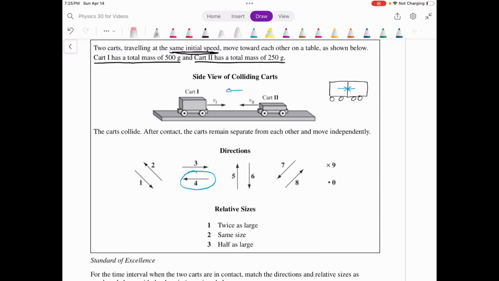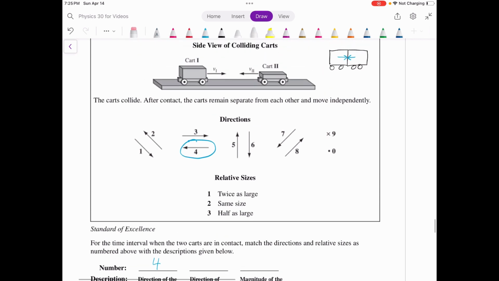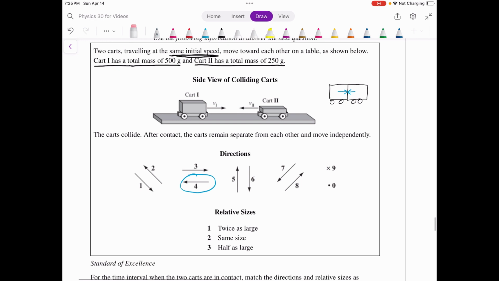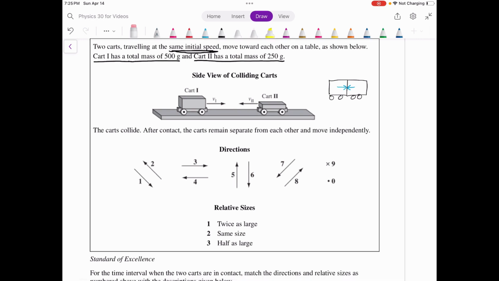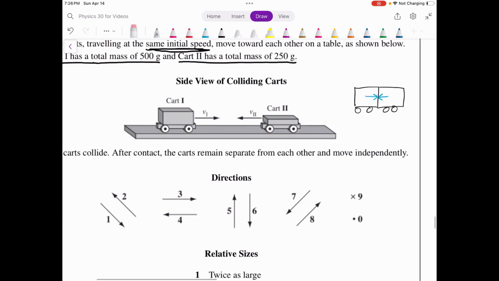So next it asks us for the impulse of cart 1. What direction is the impulse of cart 1? Well, a couple ways we can think about this, and they all are going to bring us to the same answer. Cart 2, we just said, is pushing cart 1 to the left. If you're pushed to the left, which way is your momentum going to change? To the left, right? Another way to think about it, cart 1 is coming in, moving to the right. We know cart 2 is going to hit it, and at the very least slow it down, if not actually cause it to rebound.